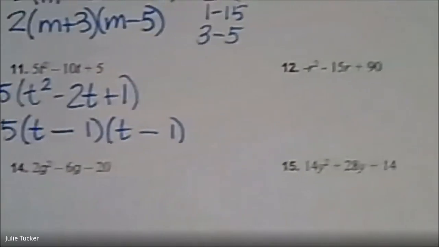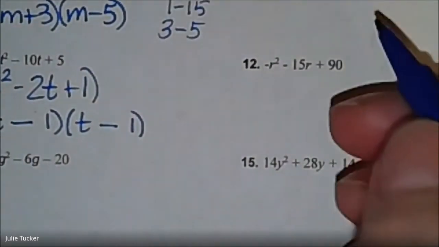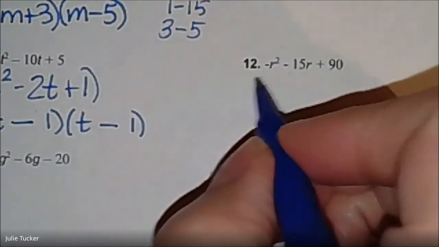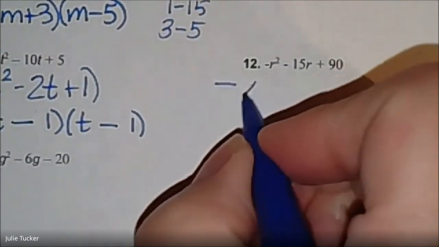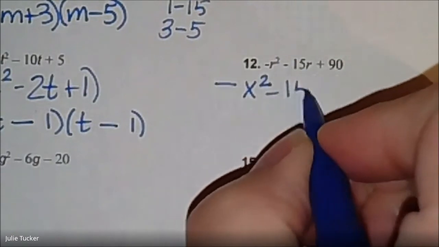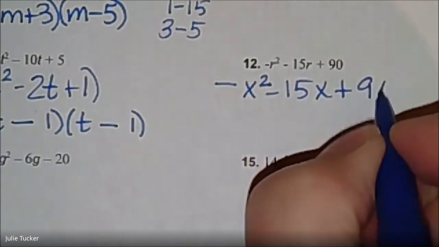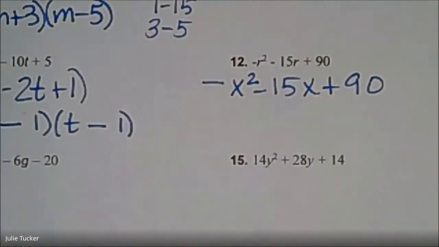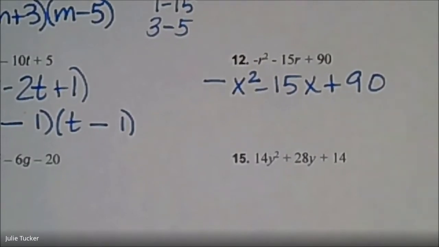All right, here's another one. I think I'm going to rewrite this because I think this one is kind of hard to read. I'm going to use x's. Negative x squared minus 15x plus 90. So that negative in front is like a negative 1 times. So we have to divide it out.